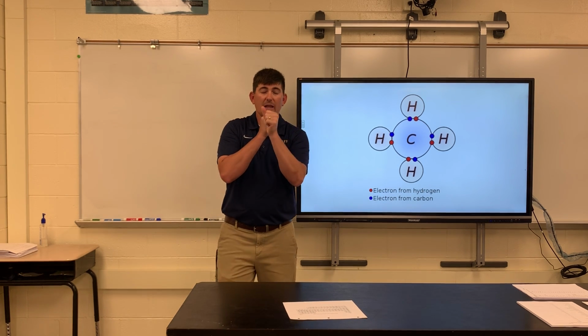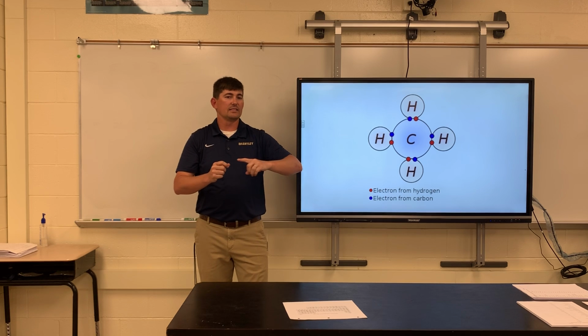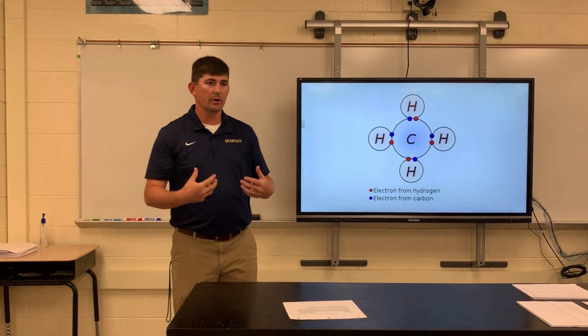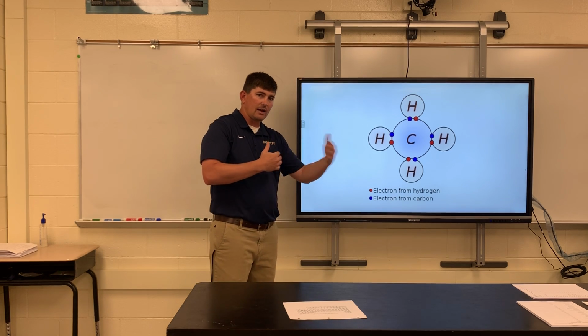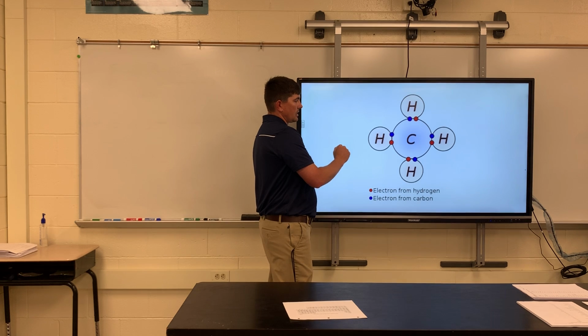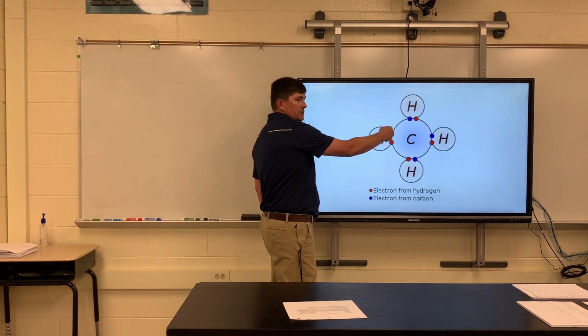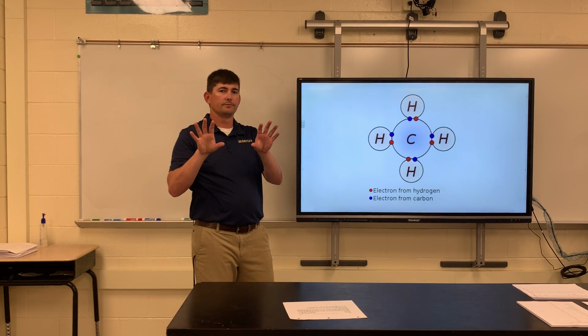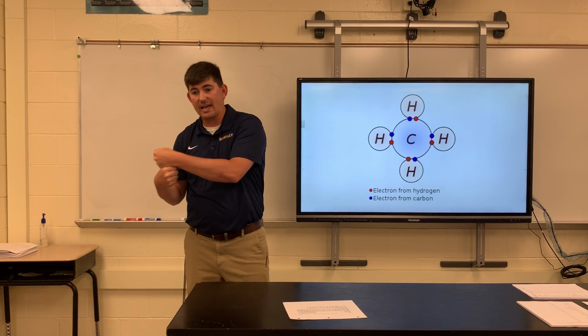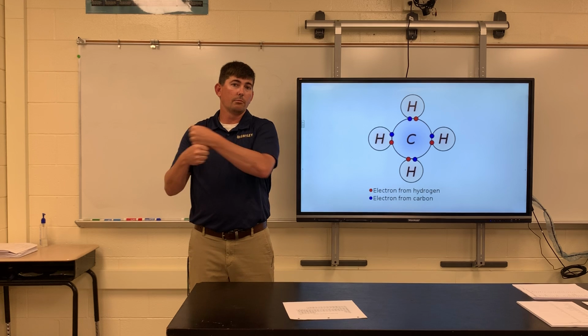Remember, electronegativity we defined as the ability for an atom to attract an electron in a chemical bond, right? So the difference in the electronegativity determines how equal this sharing is. If they had the exact same electronegativities, then they would be equally sharing. The electrons would spend the exact same amount of time with both of them.